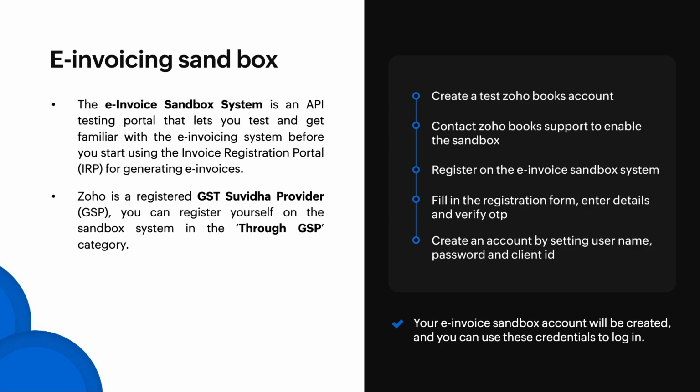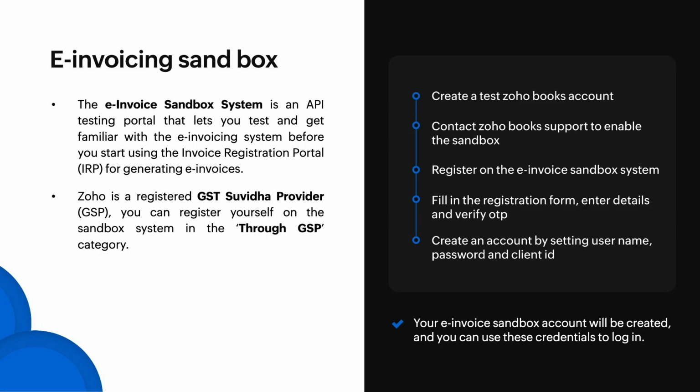How do we get this e-invoicing sandbox enabled? You will have to create a new test account in Zoho Books, and once that is done, you can contact Zoho Books by dropping us a mail to enable the sandbox. Once we enable the sandbox from our end, you can log into the e-invoice sandbox system. You can fill in the registration form and verify it by providing the OTP.